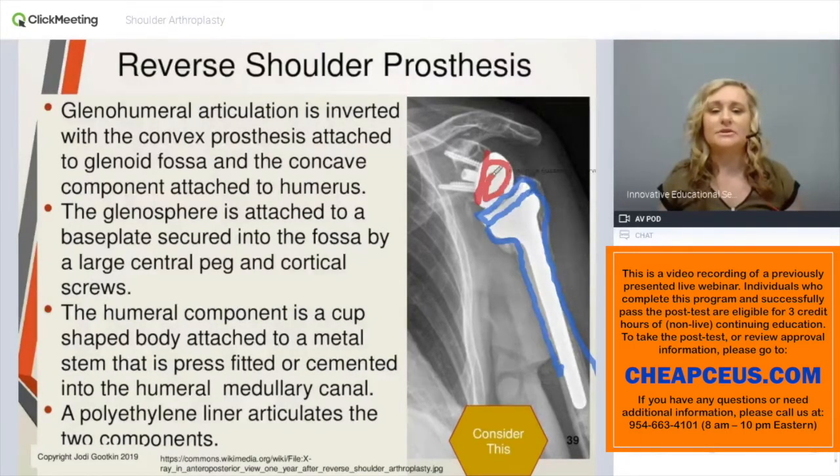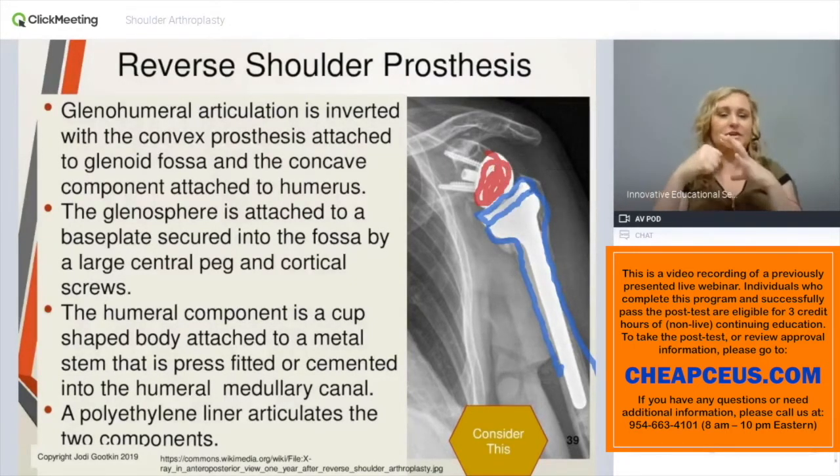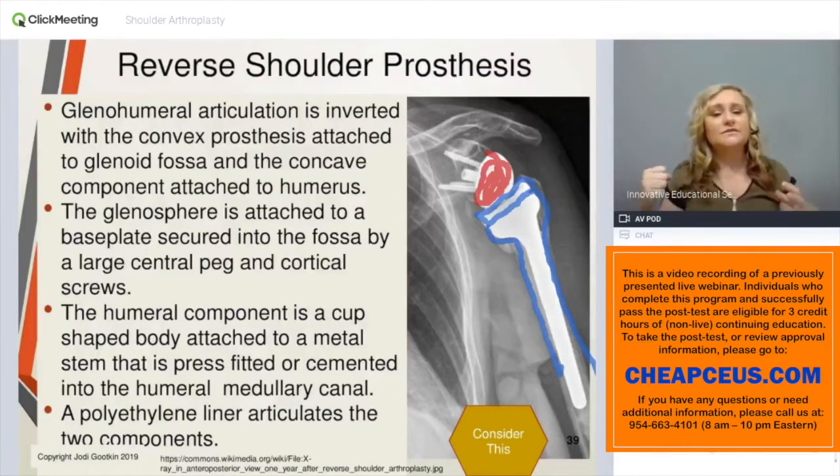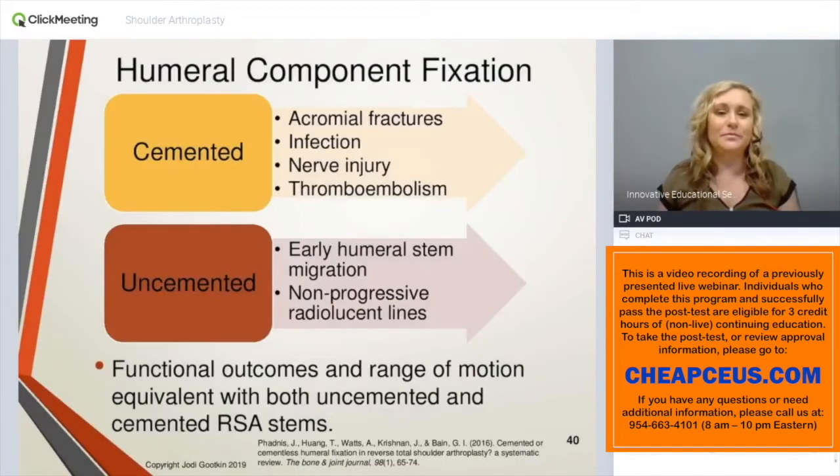So they literally just flip the articulation. So the glenosphere is now on the glenoid fossa, and the concave portion is now on the humerus, which is amazing to think that someone even considered that this is an option to perform.